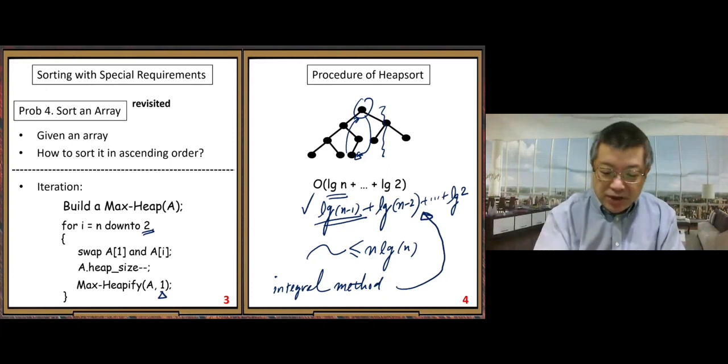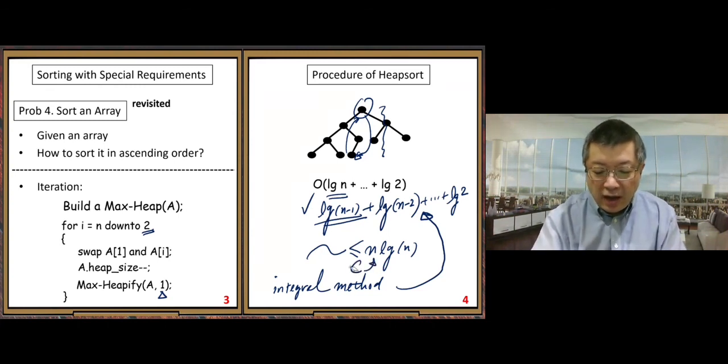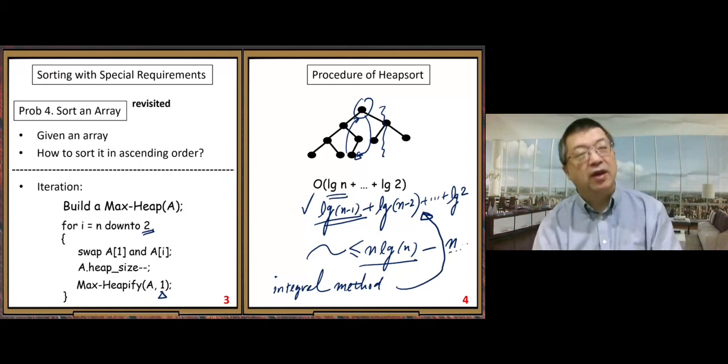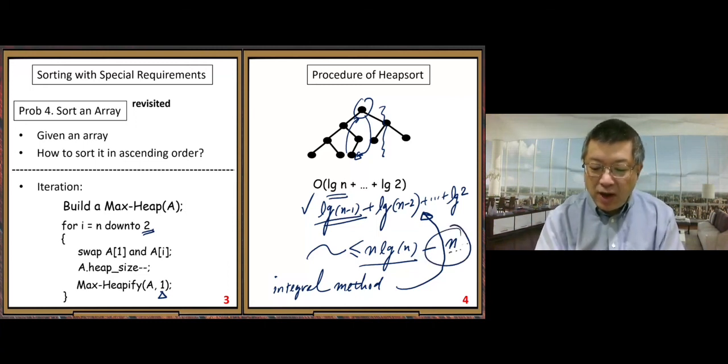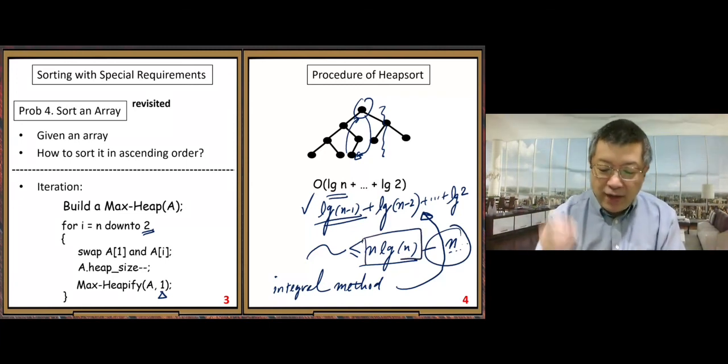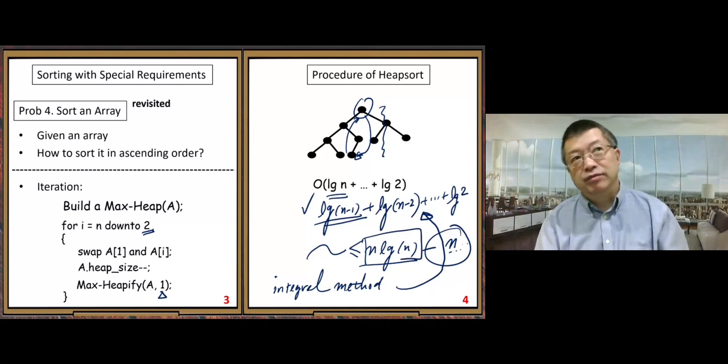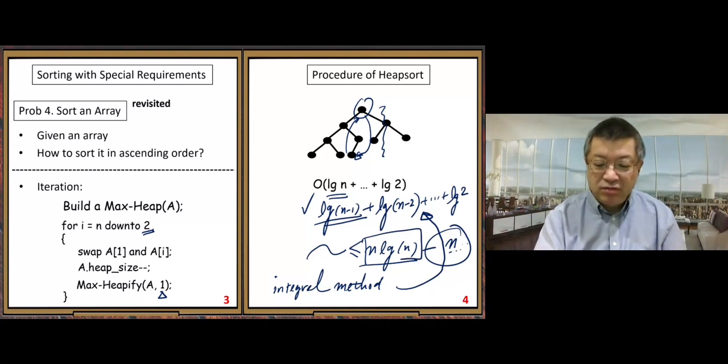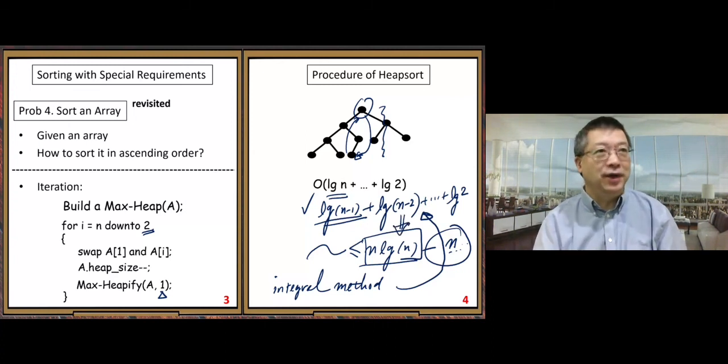But the result is still n log n, minus some multiple of n. So the improvement is this minus n, and the dominant term is still n log n. For that reason, we just get this directly.